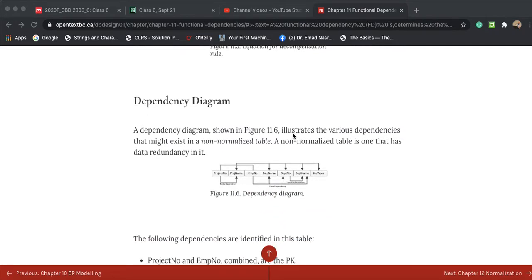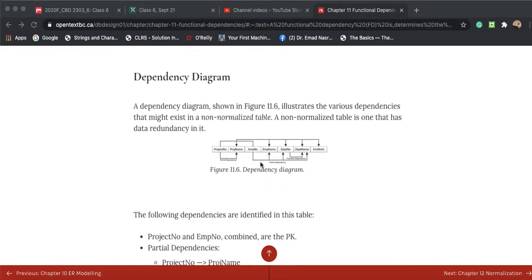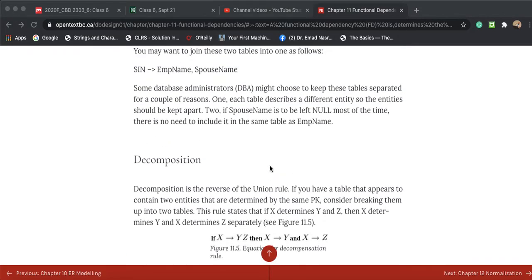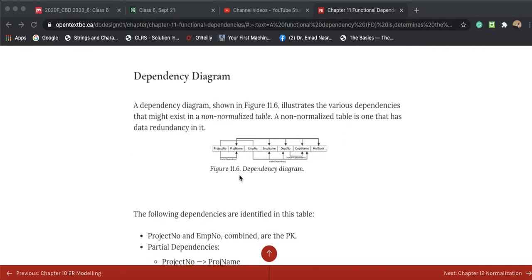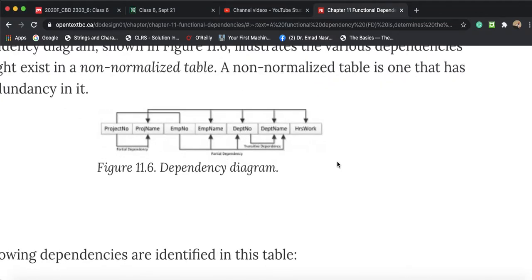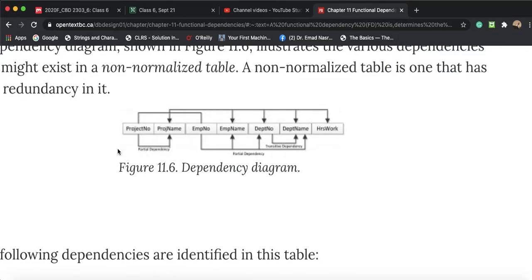But look here at this figure. This figure is showing the dependencies in a different way. We can represent or show the dependencies like this example here, this figure. When you look here, we have arrows.